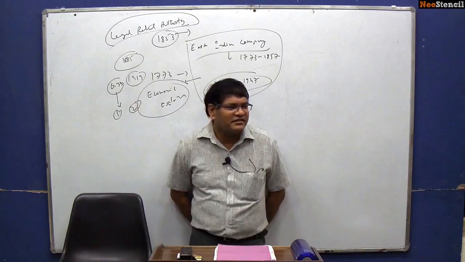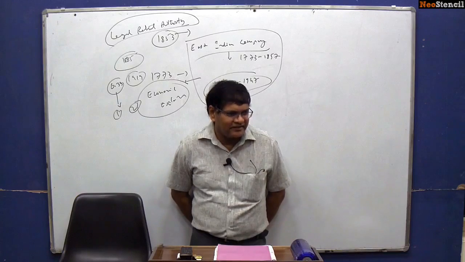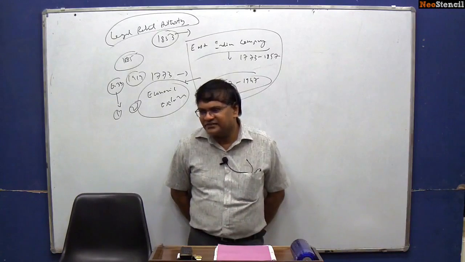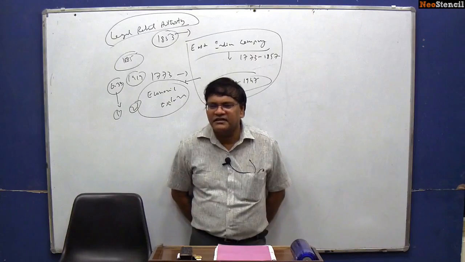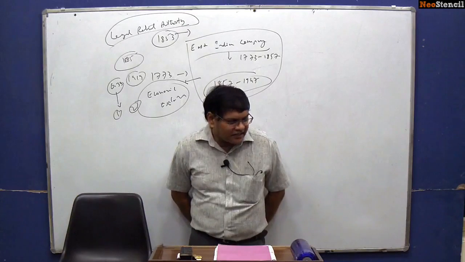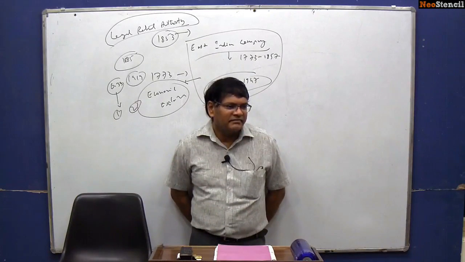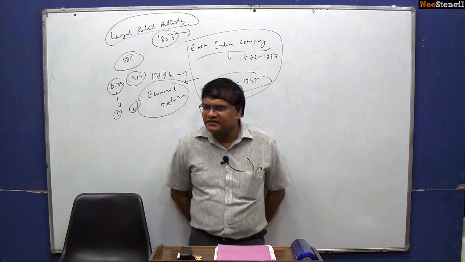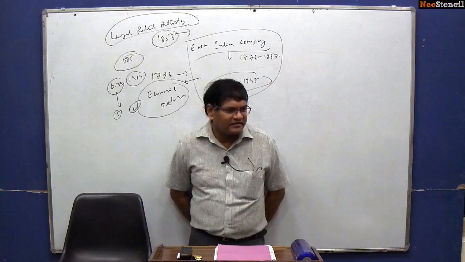Otherwise, there was no difference. In case of princely states, the designation was Viceroy, and for the territory that was ruled by the Britishers directly, he was known as Governor-General.